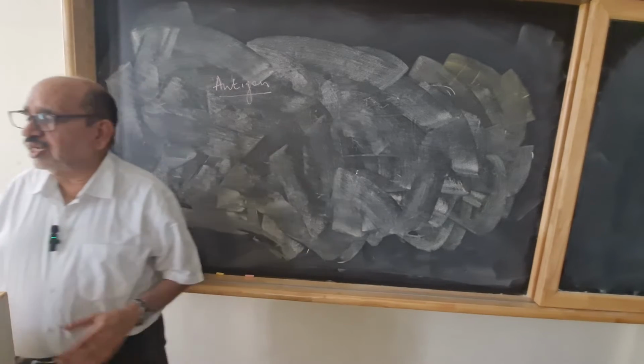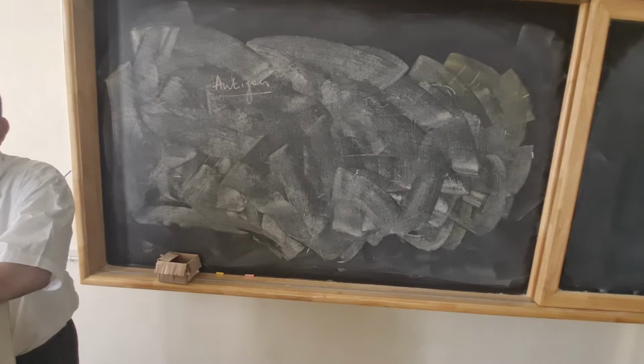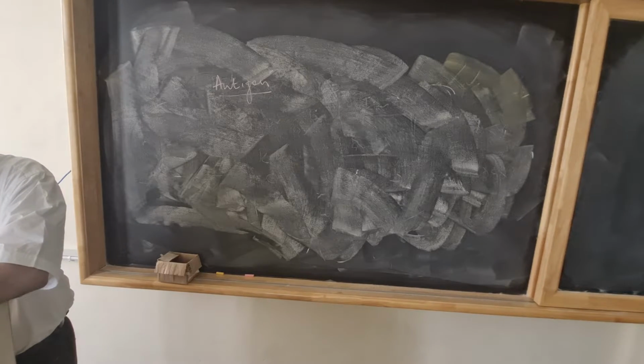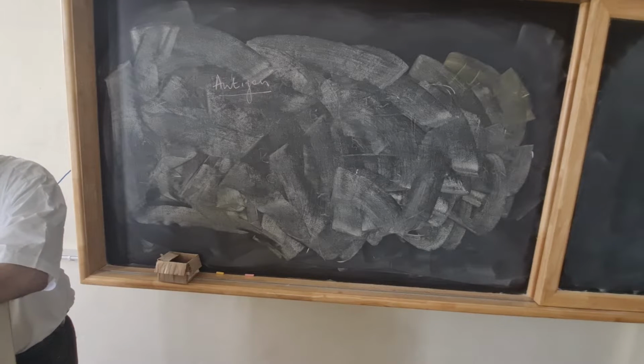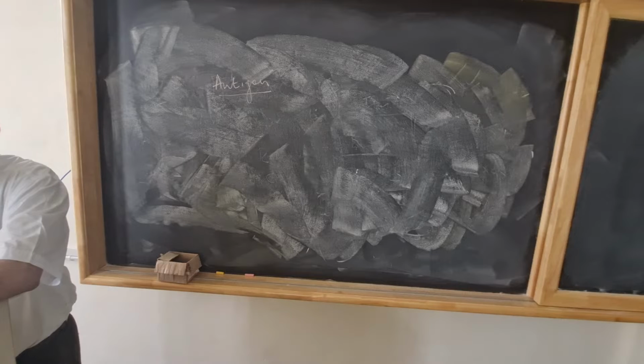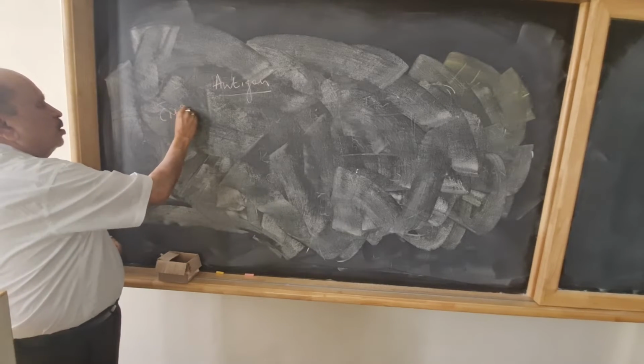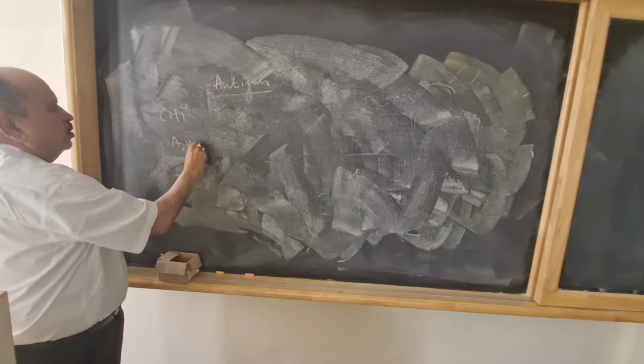So what is antigen? Antigen is defined as something that, when injected into the body, should be able to produce either a cell mediated or humoral immune response. It should be able to produce either CMI or AMI.